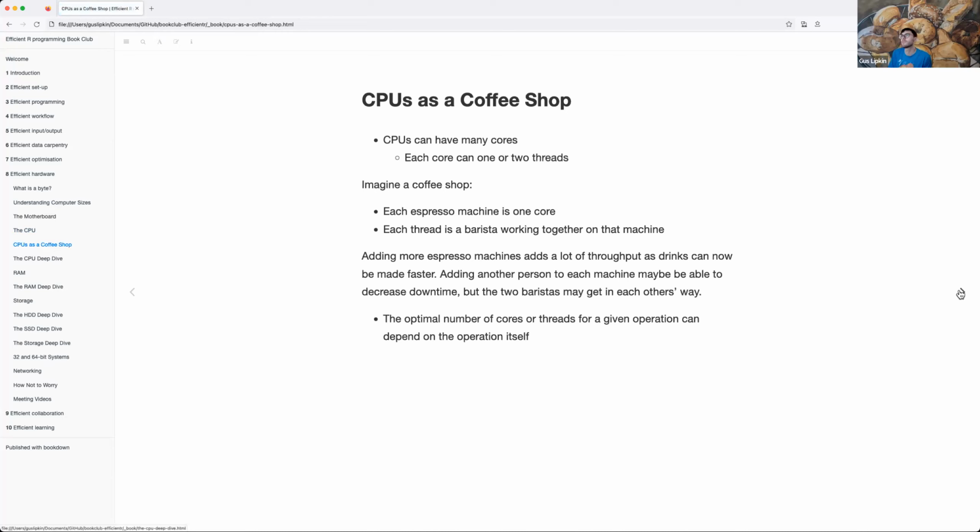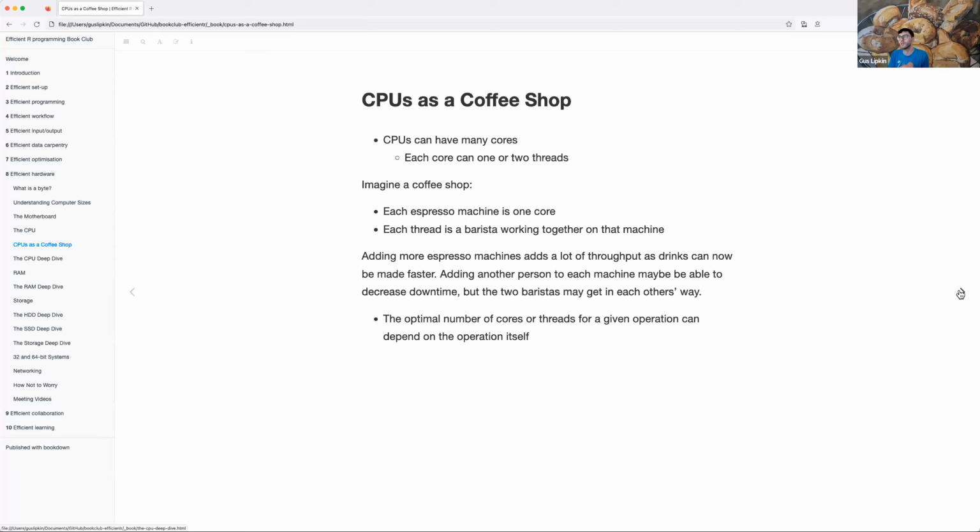And if we were to think of CPUs sort of as a coffee shop, each CPU can have many cores, and then each core can have 1 or 2 threads. And so that's sort of like the ability to multitask. So if our CPU was a coffee shop, each espresso machine that a barista can use is 1 core.